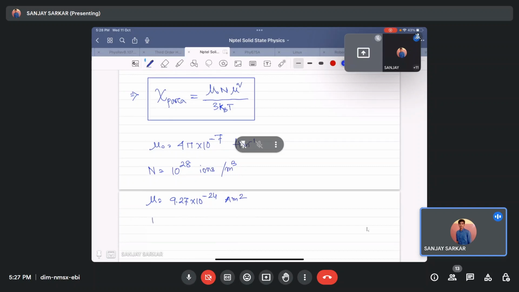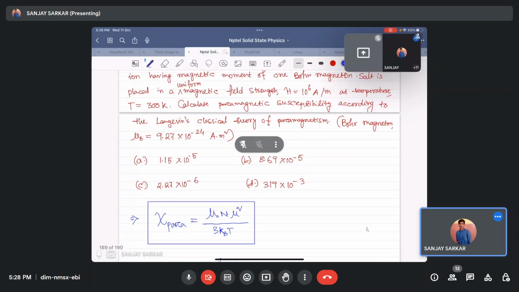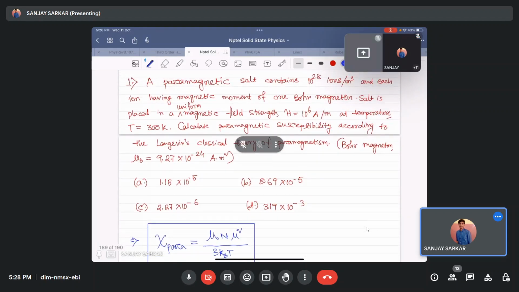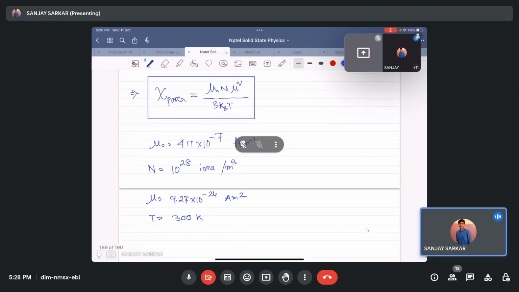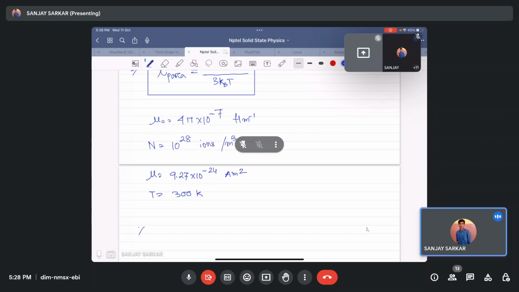Then T is 300 Kelvin, right? Yes. So put these values in the formula. Then what will be chi para?